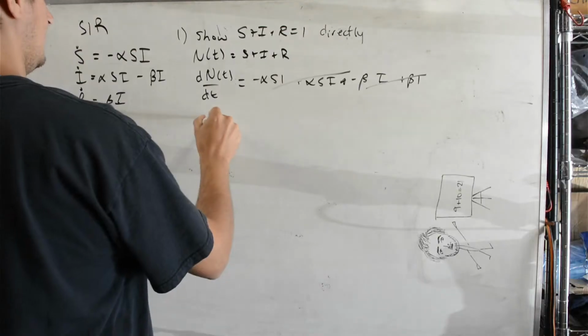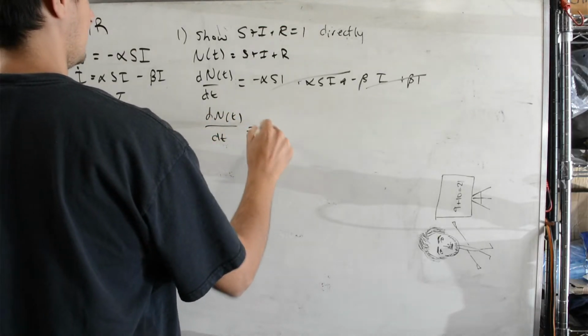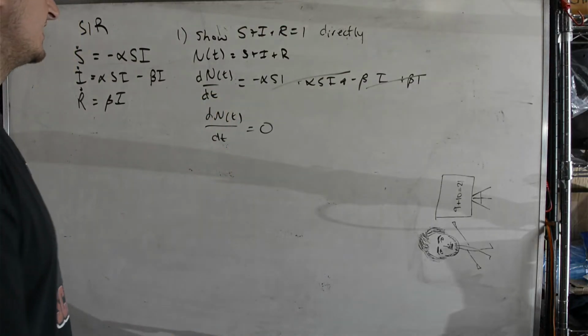Therefore dN/dt is equal to 0. So the population is never going to change in this model.